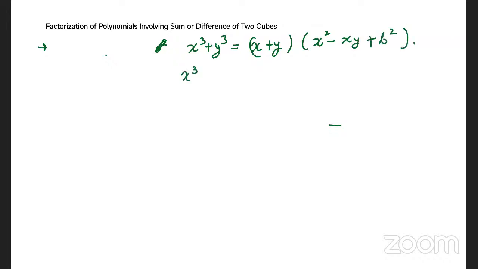And the same, x cube minus y cube property is x minus y into x square plus xy plus y square. So this property you should know, then only you can do these types of question. Understood? Write it down first.